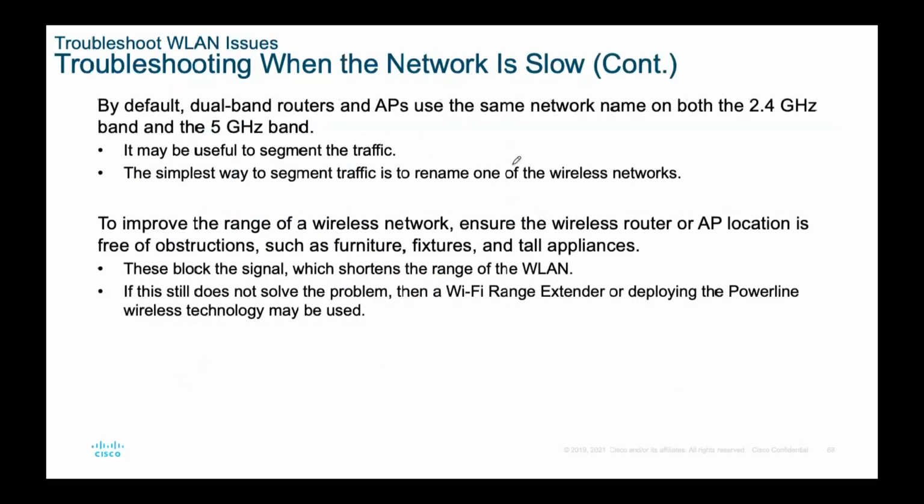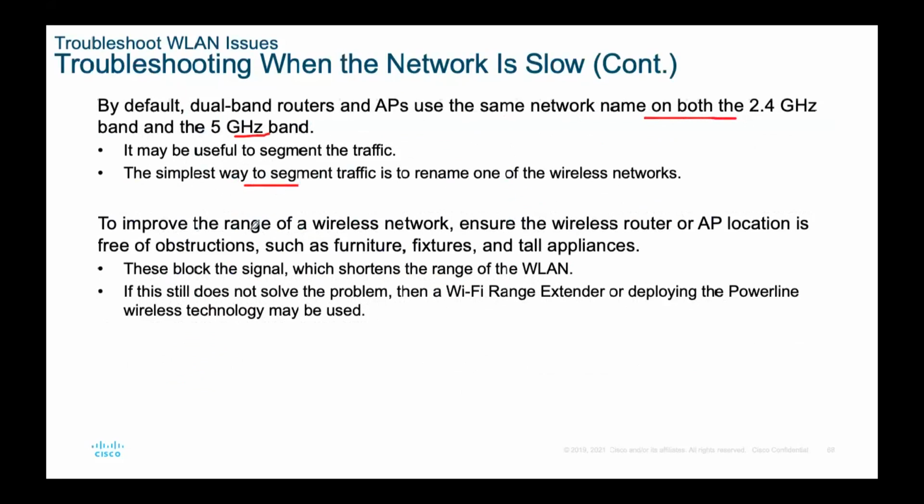By default, dual-band routers and APs use the same network name on both the 2.4 gigahertz band and the 5 gigahertz band. It may be useful to segment the traffic. The simplest way to segment the traffic is to rename one of the wireless networks.